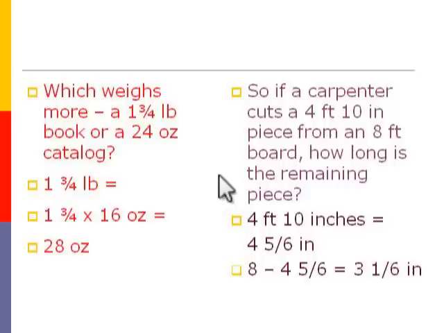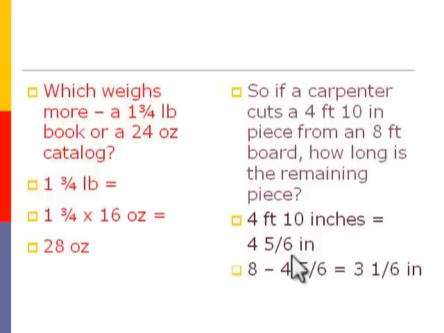Here, if a carpenter cuts a 4-foot 10-inch piece from an 8-foot board, then how long is the remaining piece? So we need to change the 4 feet 10 inches all to feet. Or, as we did here, 10 inches is 5/6 of a foot. That's how we did that.